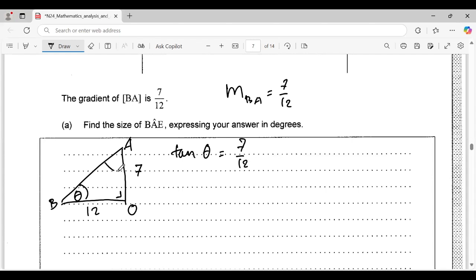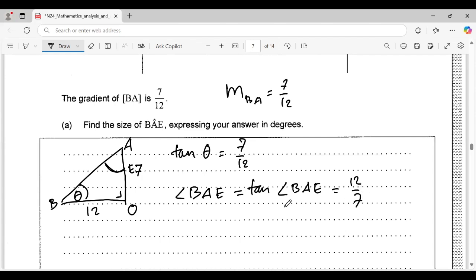But we're going to find this angle, BAO, right, or BAE. So it means angle BAE is this angle. So tangent of angle BAE, this is E here, equals 12 over 7.